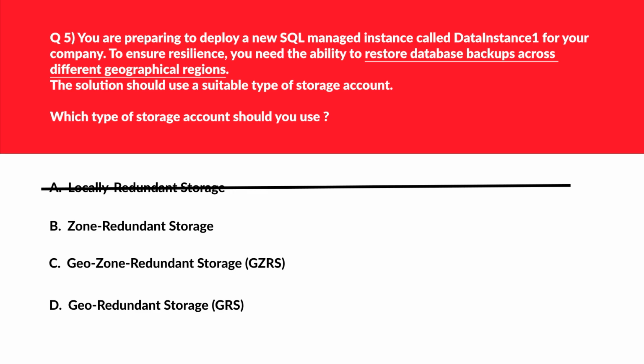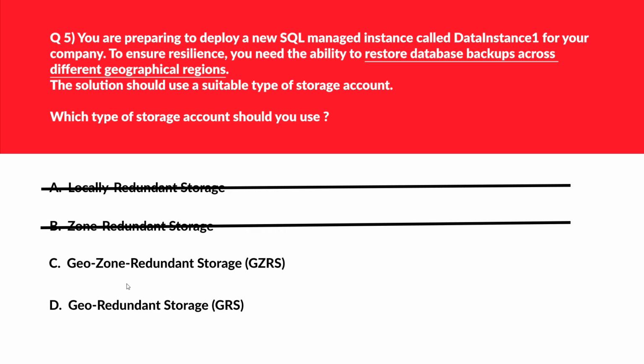So A is out. Let's move to option B. B says zone redundant storage. Zone redundant storage, or ZRS, replicates data across multiple zones. As the name suggests, multiple zones within a single region. Again, ZRS cannot replicate data across regions, which is what we require as per the question. So B is out.